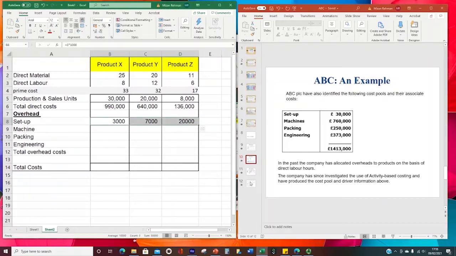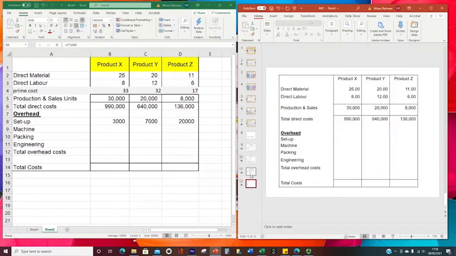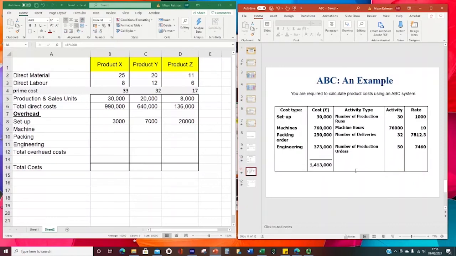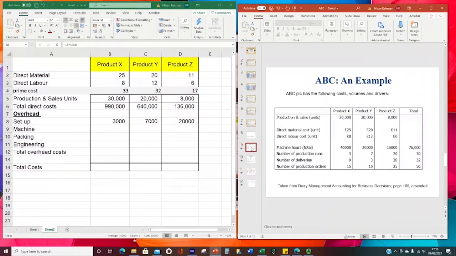Okay, so the next is our machine hours. Cost per machine hour is 10, which we calculated here. So that's per machine hours. You need to see the number of machine hours now. X cost 40,000 machine hours times 10.